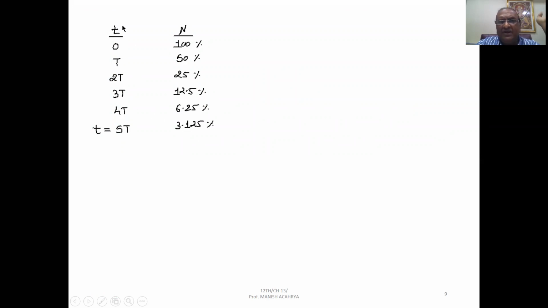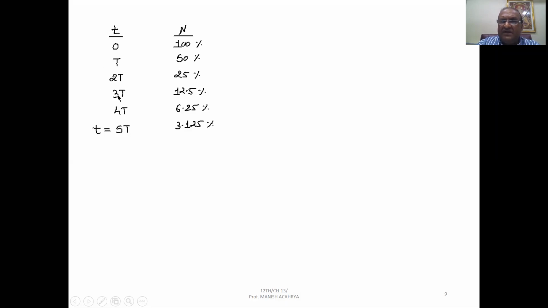That is very simple. At time t equal to 0, 100% substance is there. Then after time T, undecayed will be 50%. Again after time T, meaning 2T, out of this again half will be decayed, so remaining is 25% only.